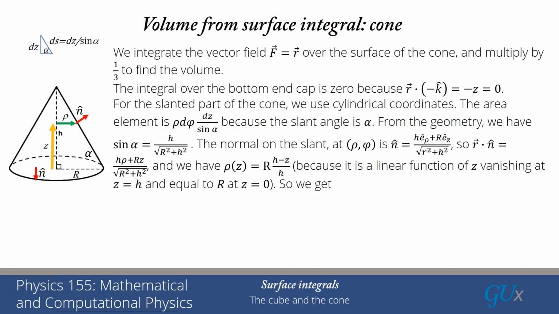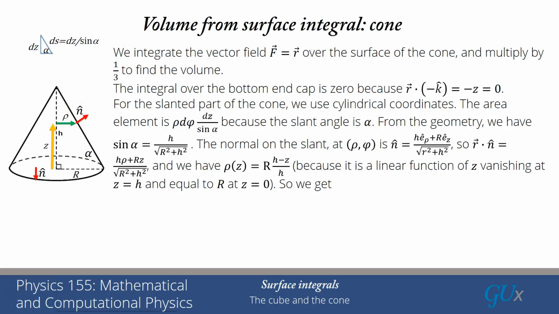Now, by looking at the geometry of the cone, because the height is h and the radius is big R, I can immediately work out that sine alpha is equal to h divided by the square root of R squared plus h squared. The second thing we have to work out is the normal to the slant at the location rho phi, and I've illustrated that for you with the red vector coming off of the slanted part of the cone.